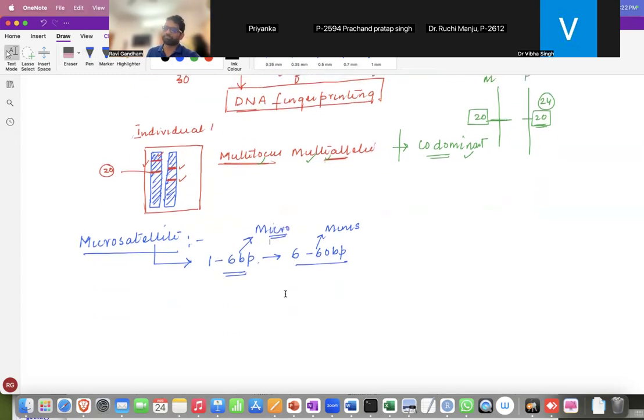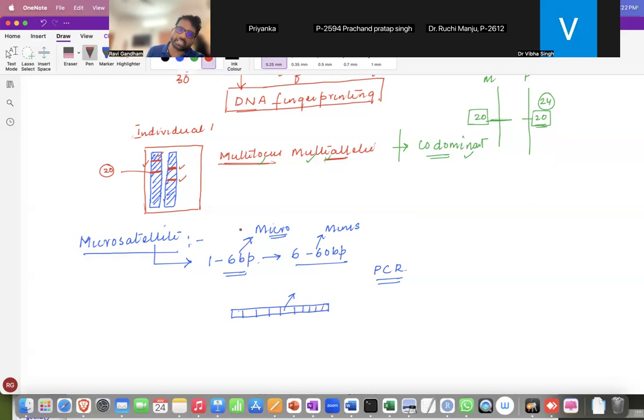Now listen to me. In microsatellite, to make things easy, they are also tandem repeats, but microsatellite markers are normally identified by using a PCR technique. Let us say this is a region of tandem repeats of the microsatellite.